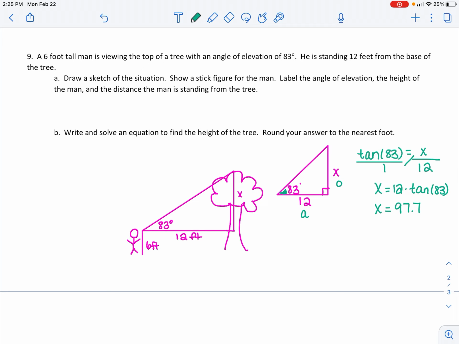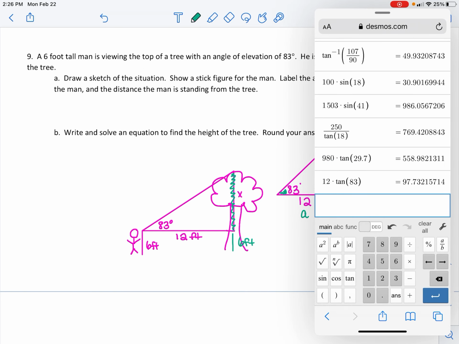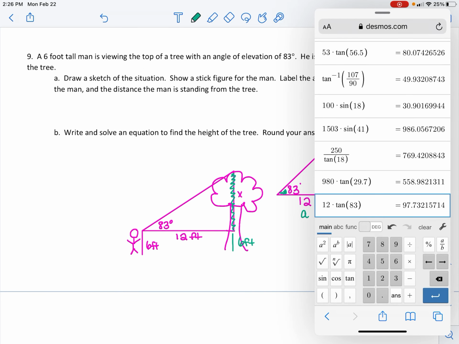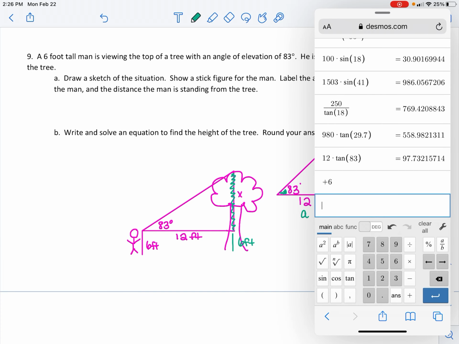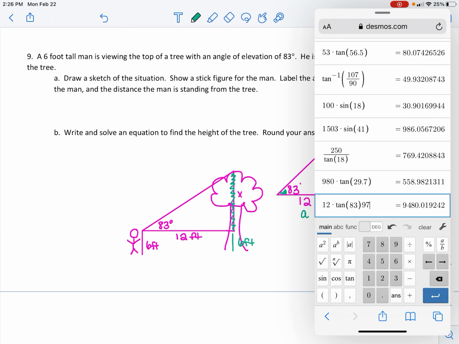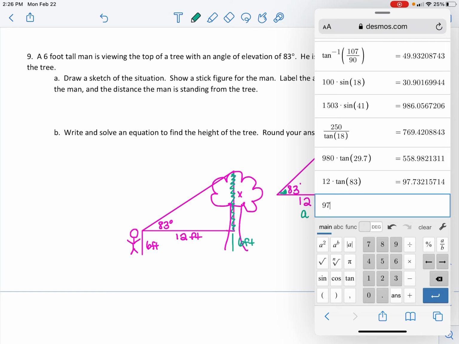Okay, now the only issue we have is that is only this distance. We still have that 6 foot, that's how tall the man is. So we need to go ahead and add 6 to that. Oops, plus, nope, that's not what I wanted to do. 97.7, gosh dang it, 97.7 plus, not minus, plus 6.